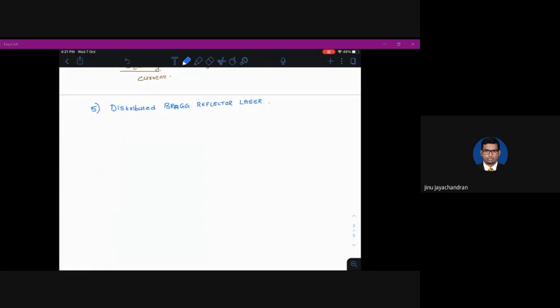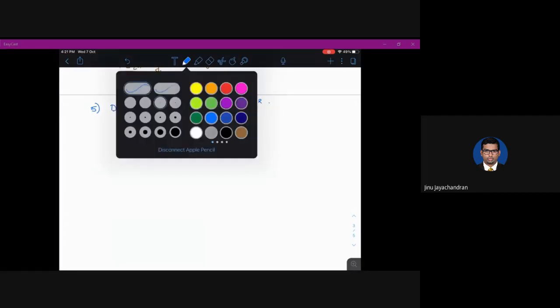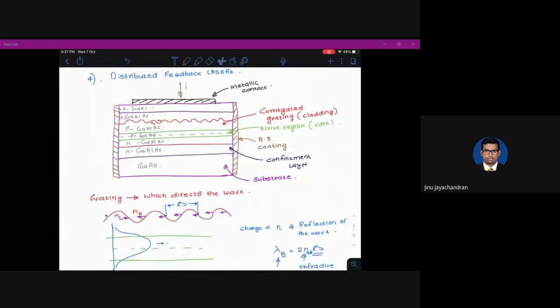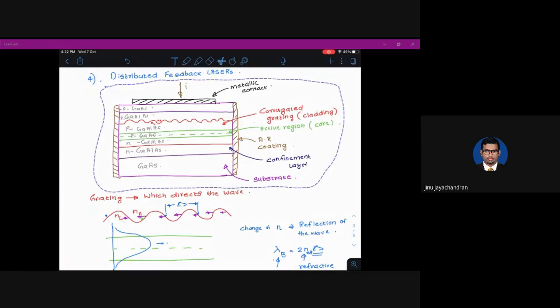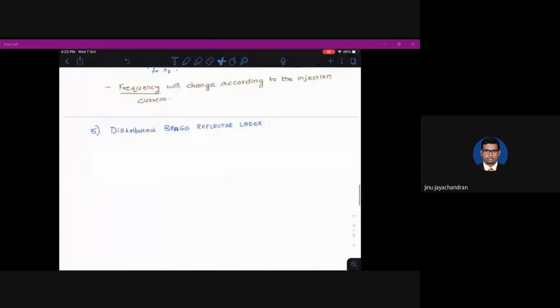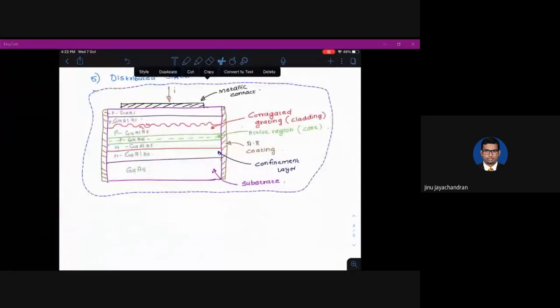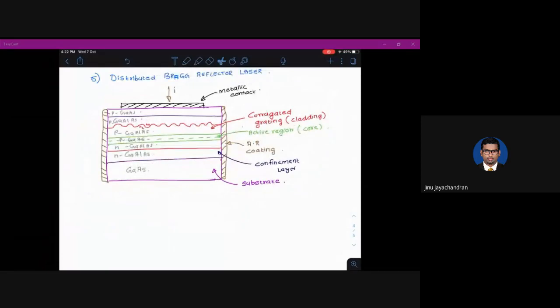It is exactly the same as the distributed feedback laser, except the corrugation grating will not be like this.